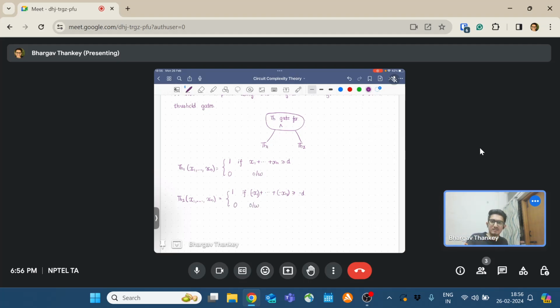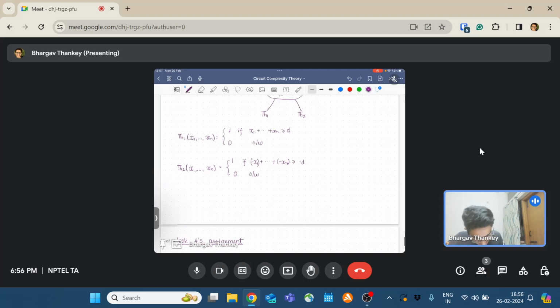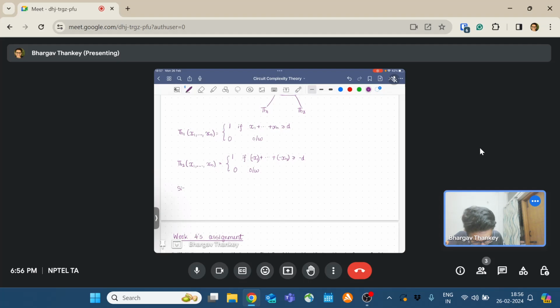So is this fine? We get a circuit with size equal to three and depth equal to two.